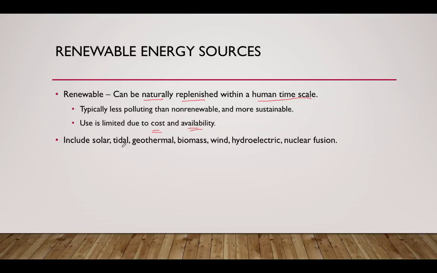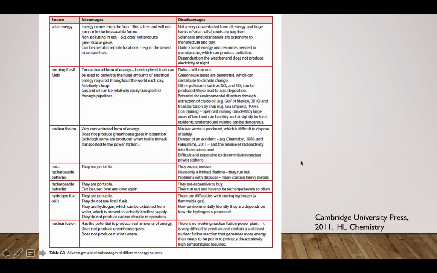There's renewable sources, again, solar, tidal, geothermal, biomass, wind, hydroelectric, and nuclear fusion. This is not what is typically used in a nuclear power plant. They have not really made this work to use as a renewable resource.